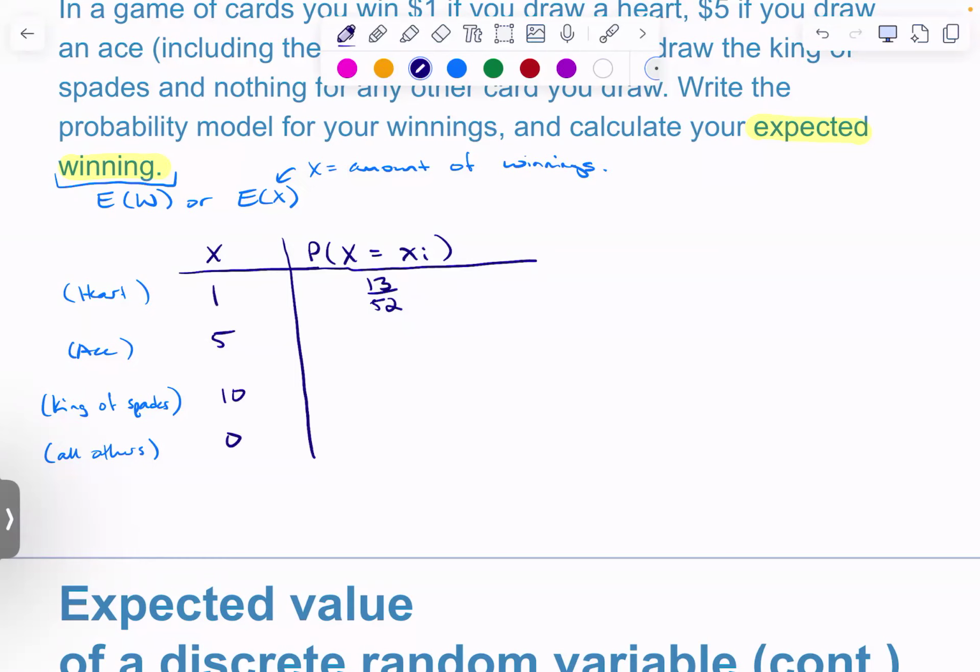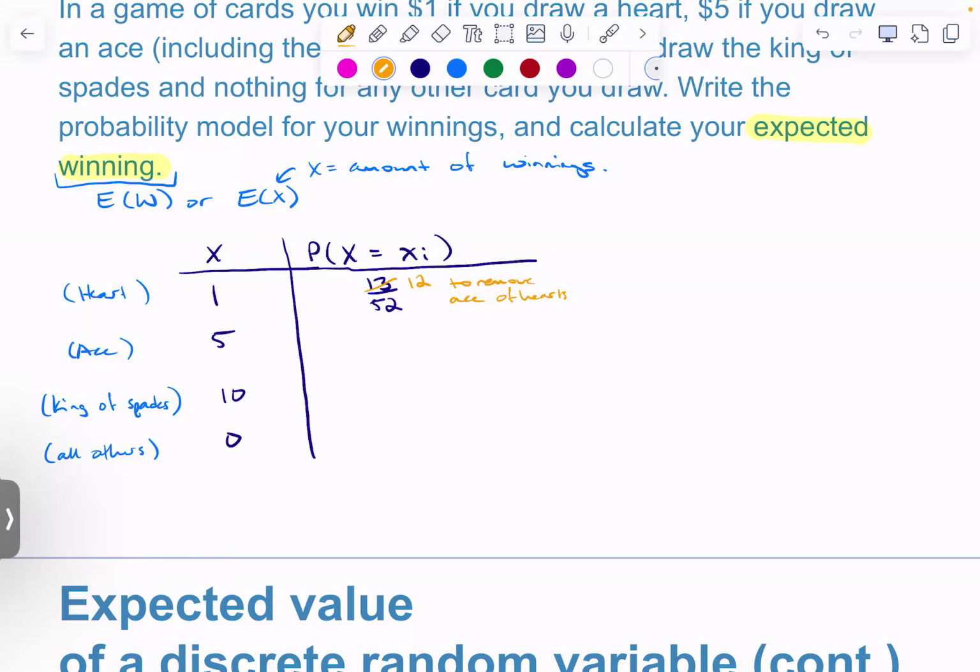And so now let's adjust this and say, okay, make it 12, right? Because the ace of hearts was a special case, right? And it pays out more. So then you want to put that probability on the 5 instead of the 1.